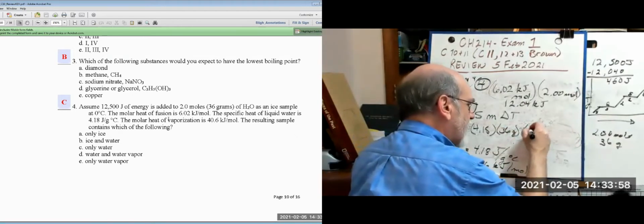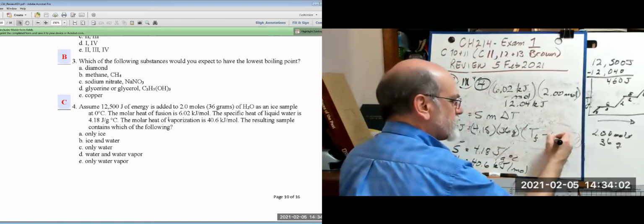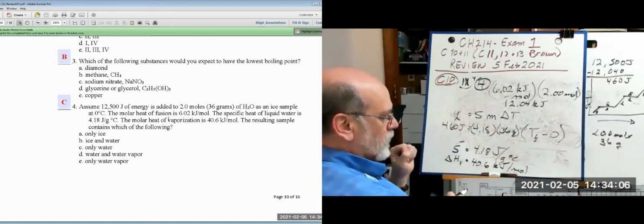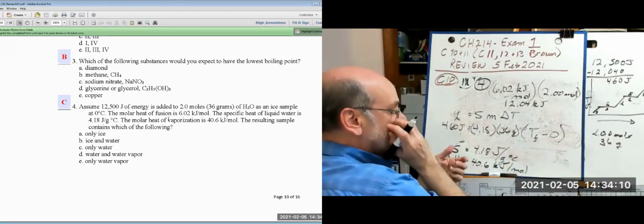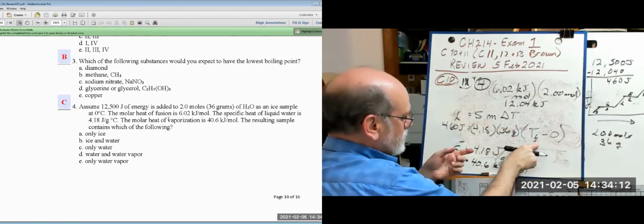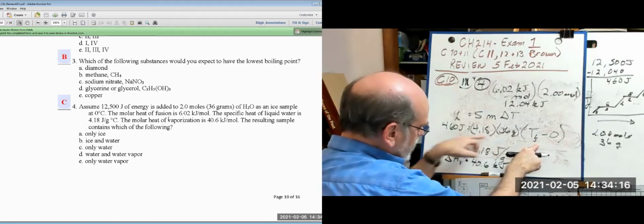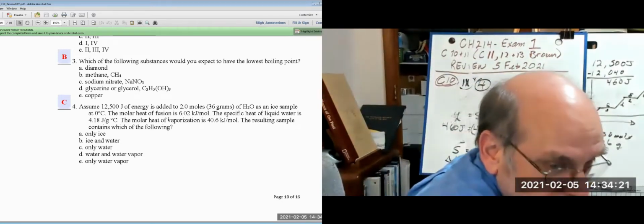It's the final temperature minus the initial temperature, which is 0. So now we have an equation in one unknown. Well, this is the final temperature. So we divide both sides by this number, divide both sides by that number, and that'll tell us what our final temperature is.